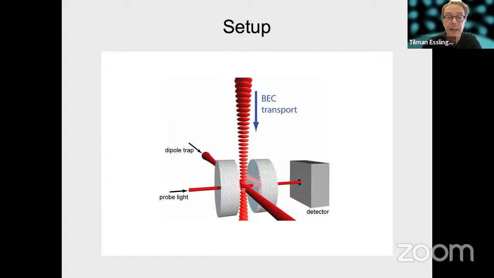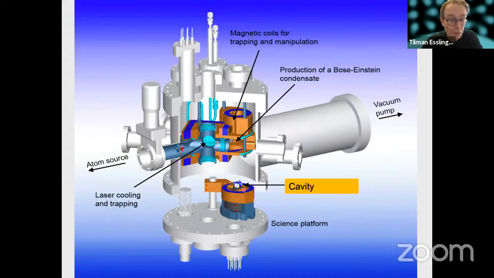Maybe for those who want to build experiments, here you can see how our design looks. It's a bit exotic design because we have an atomic source with a medium vacuum inside an ultra-high vacuum.